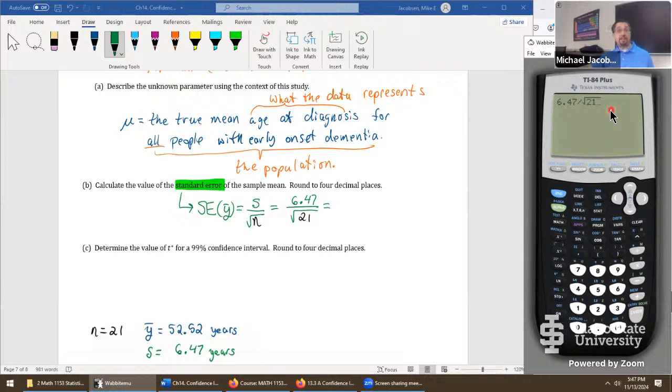Should look about like this in your calculator. And the value I've got to 4 decimal places would round up to 1.4119. Does that look right to folks so far, that value? Awesome. So always nice to have a better formula for standard error. Well, I shouldn't say better, but simplified formula. So 1.4119.